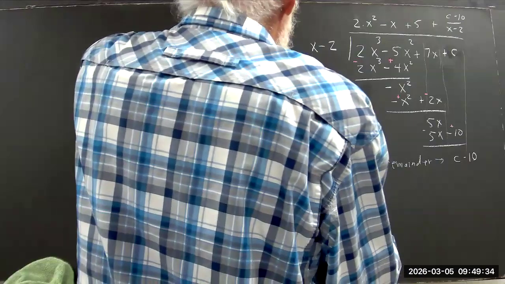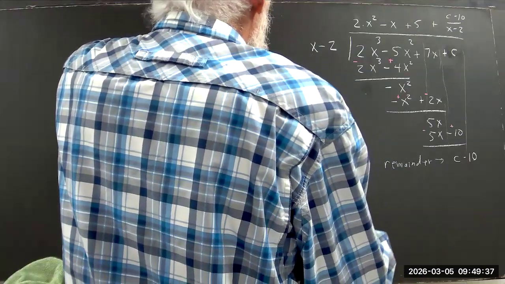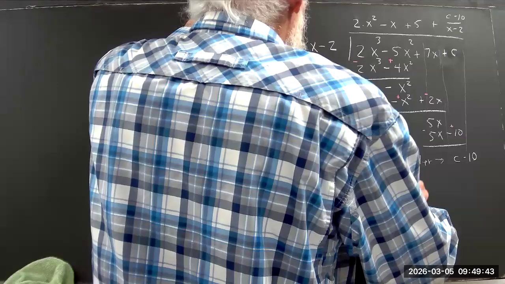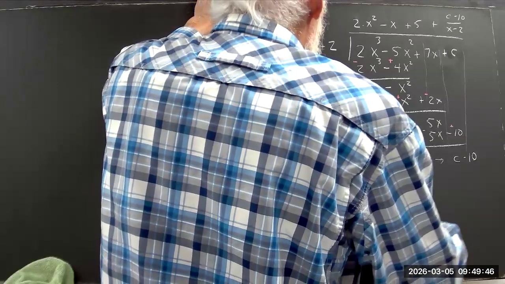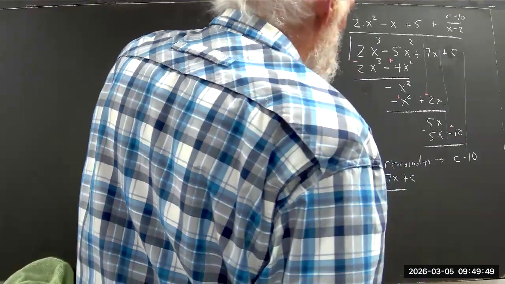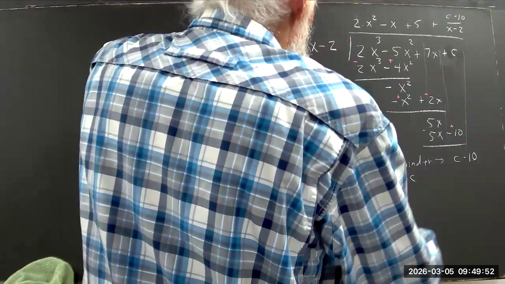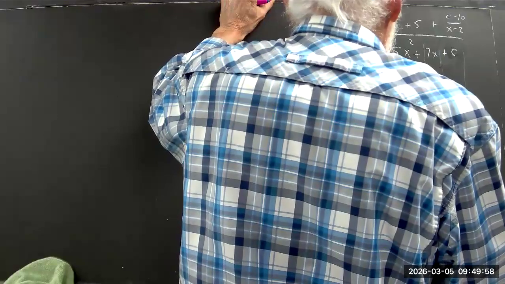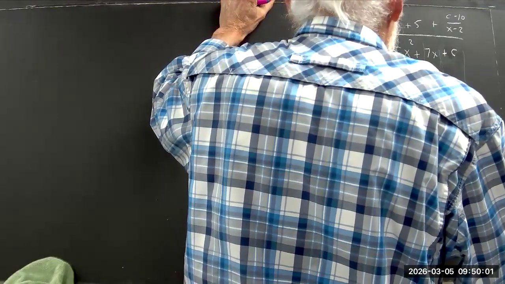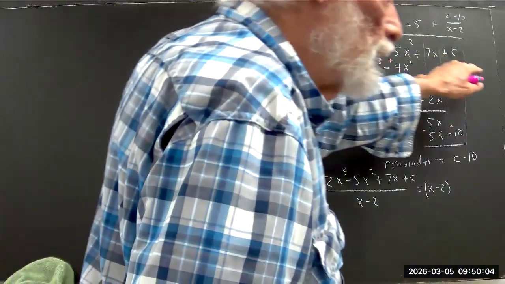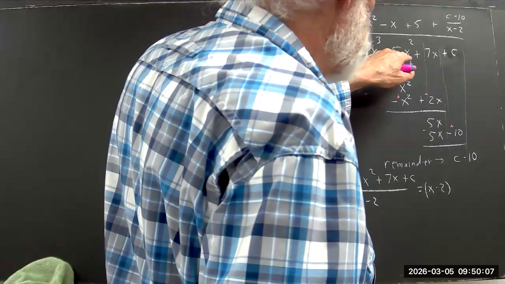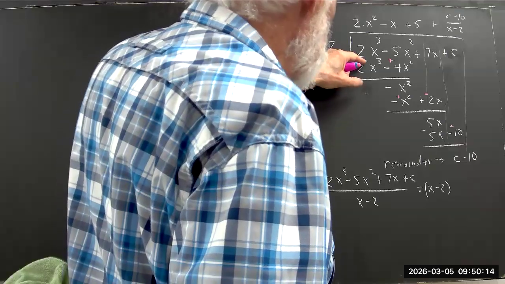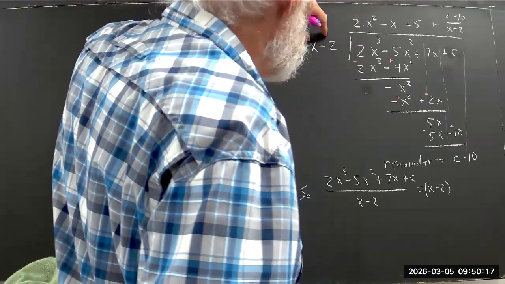Okay. This tells us that 2x cubed minus 5x squared plus 7x plus c, written as the numerator of a fraction with x minus 2 in the denominator, equals... all the dividend, the 2x cubed minus 5x squared plus 7x plus c, should equal our quotient times our divisor.